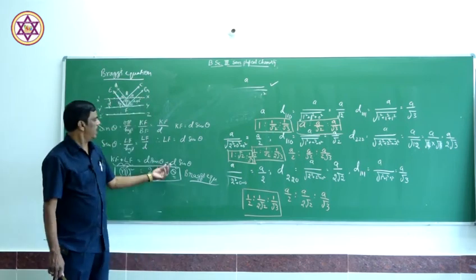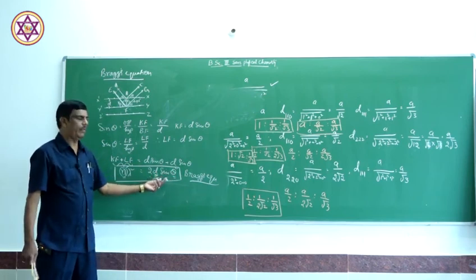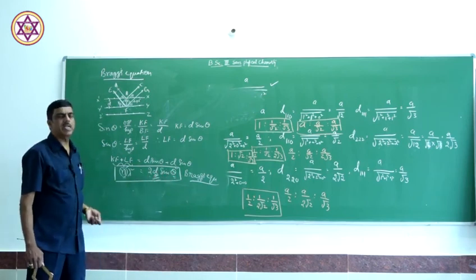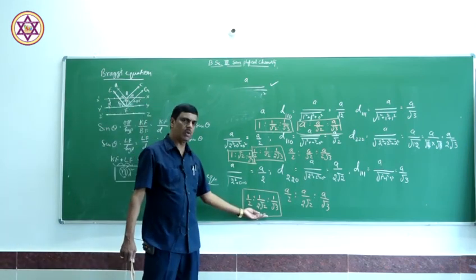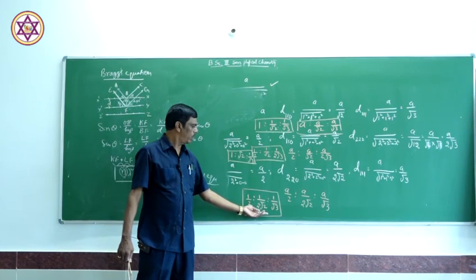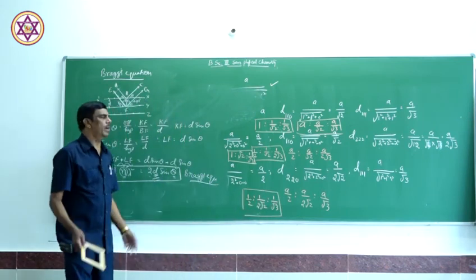Similarly, you measure the interplanar distance at different angles in different directions for a face-centered cubic lattice and take the ratio. If the ratio is 1 by 2 is to 1 by 2 root 2 is to 1 by 2 root 3, the crystal is in the form of face-centered cubic lattice.